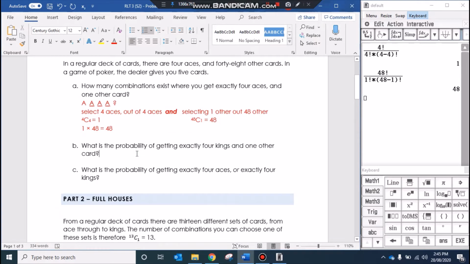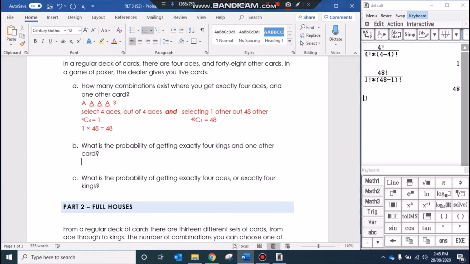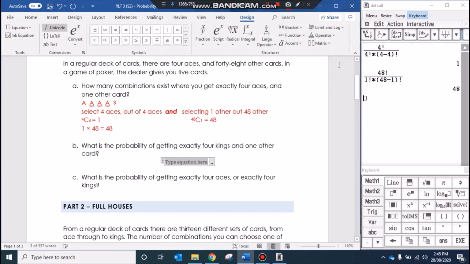Now we want to look at what's the probability of this happening. We've got the number of combinations that are possible. Now what's the probability? What we need to remember is what's the formula for probability?